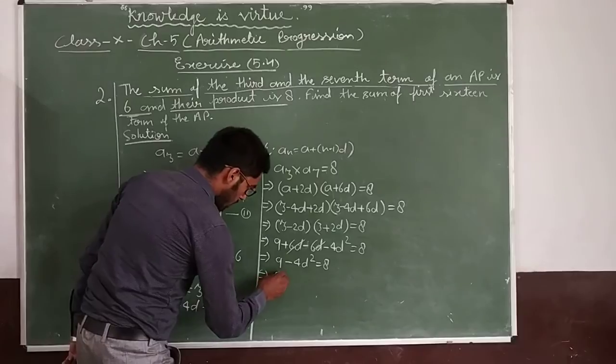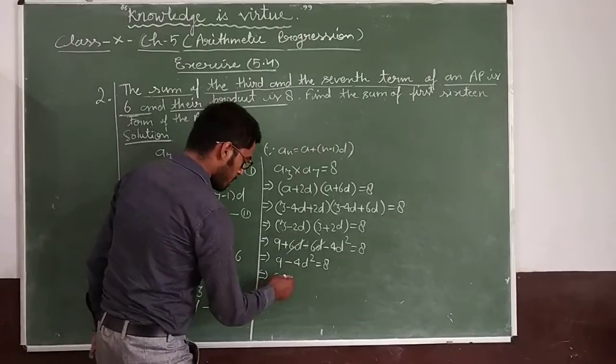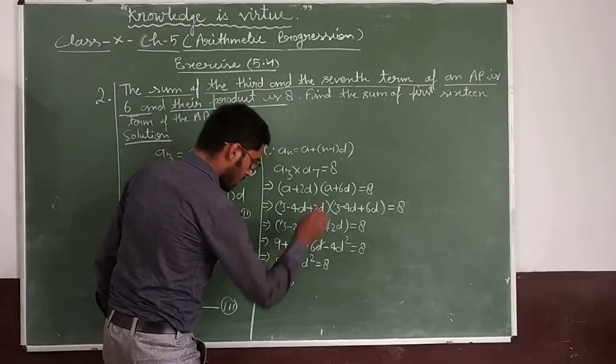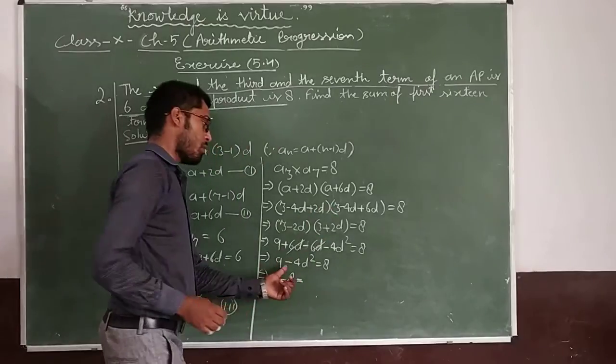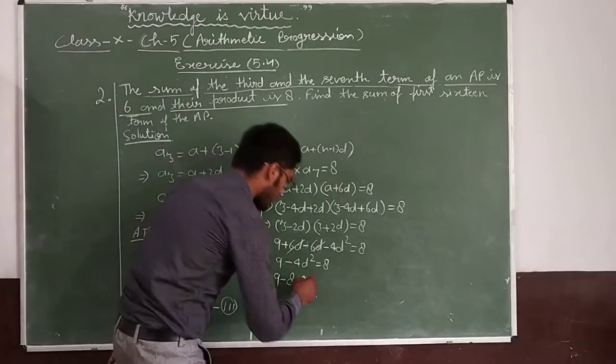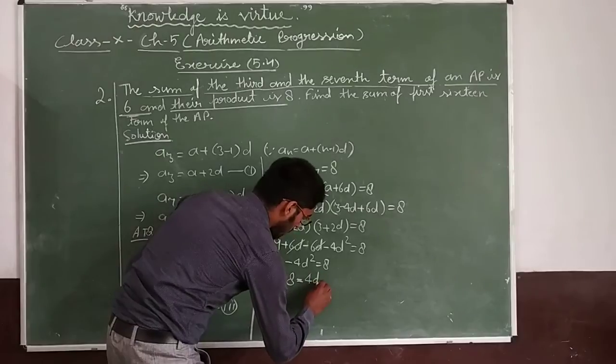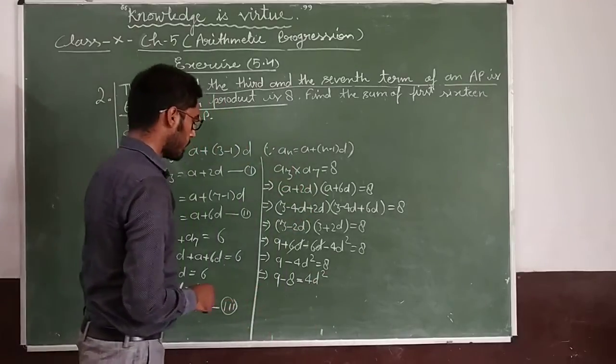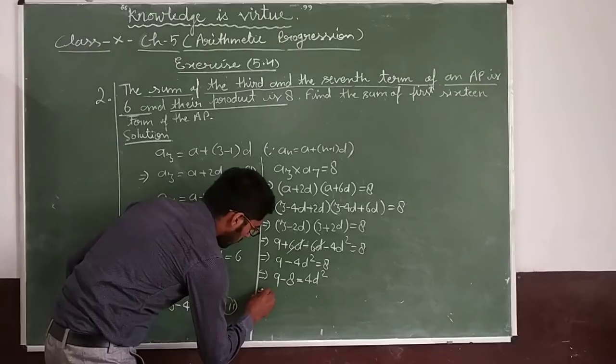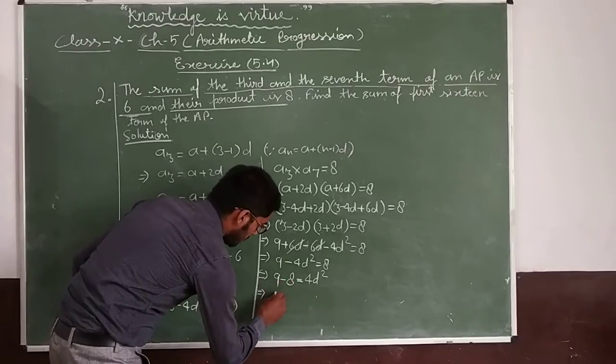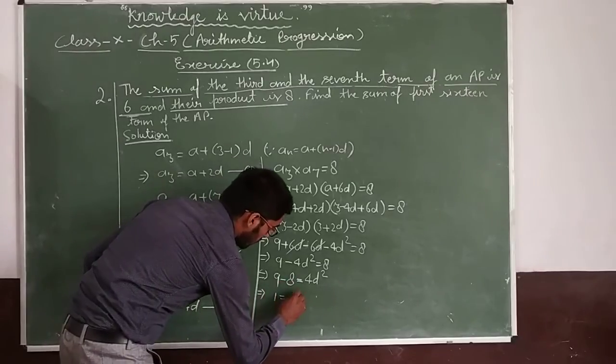Now transform 8 to the LHS, and transform minus 4D square to the RHS. 9 minus 8 means 1 is equal to 4D square.